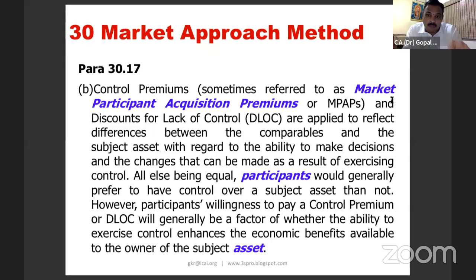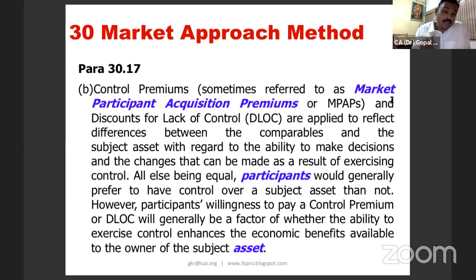All else being equal, participants would generally prefer to have control over a subject asset than not. However, participants' willingness to pay a control premium or DLOC will generally be a factor of whether the ability to exercise control enhances the economic benefits available to the owner of the subject asset. So, this 167 square feet, does it enhance the economic benefit or decrease it?